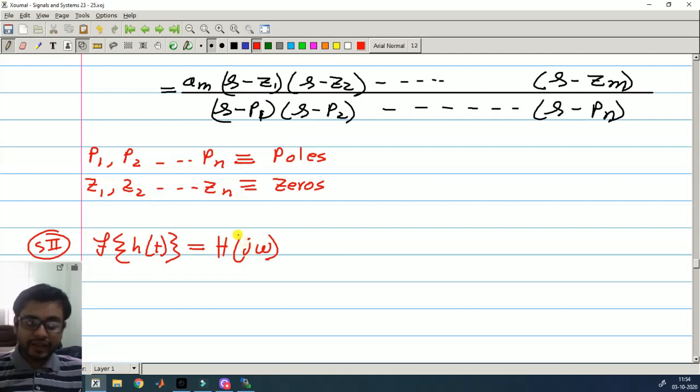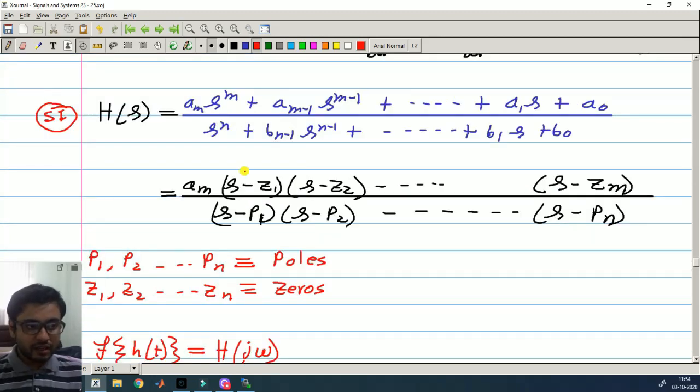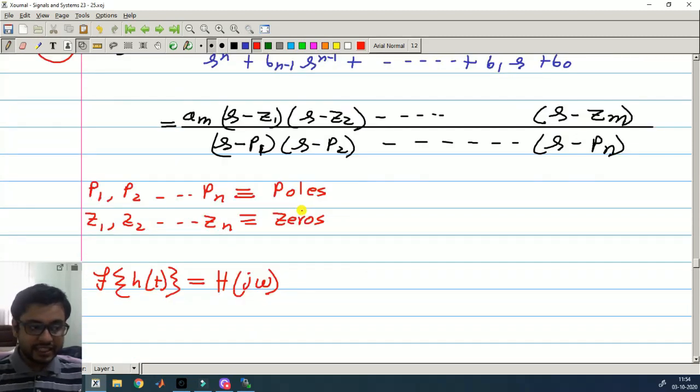For example, if we assume that all the roots of the denominator polynomial, that means the poles, have negative real part, then when you take the Laplace inverse, you will get all exponentially decaying terms, and therefore h(t) will decay to 0 after some time, and it will be square integrable and the Fourier transform can exist.